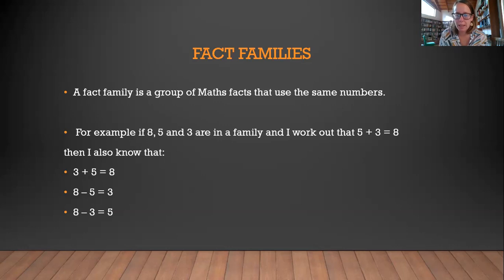And if I work out that 5 plus 3 equals 8, then I know some other maths facts without even needing to work them out. I know, for example, that 3 plus 5 equals 8. I know that 8 take away 5 equals 3. And I also know that 8 take away 3 equals 5. So that's 4 math facts I know there, which is pretty cool.